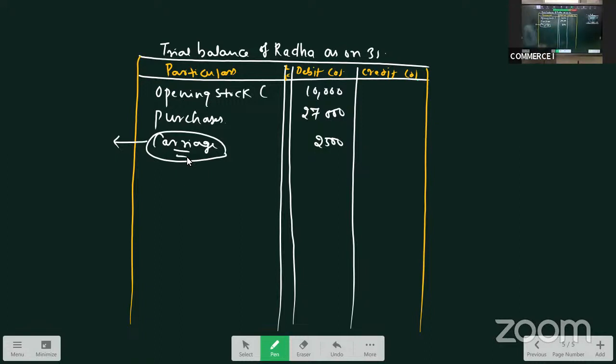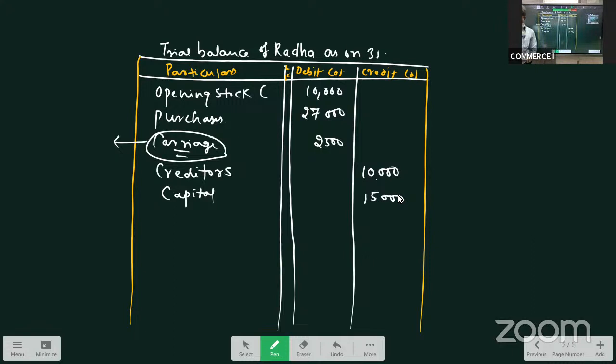Next we have creditors. Creditors are a liability. It is 10,000. Then we have capital. Capital is owner's equity. It is an internal liability. And capital, as I told you, shows a credit balance.